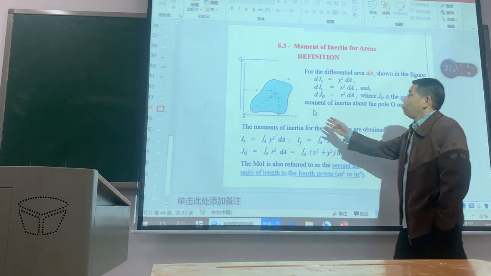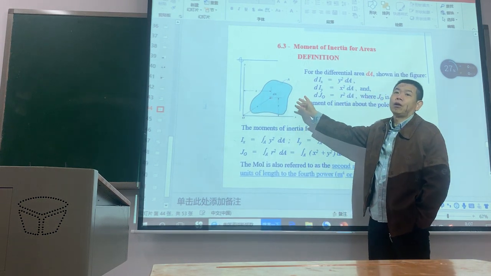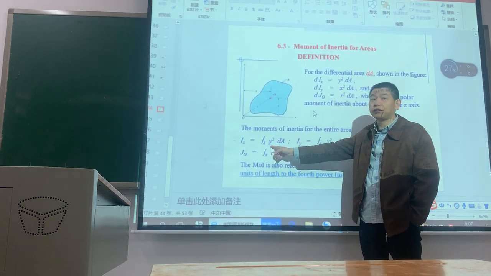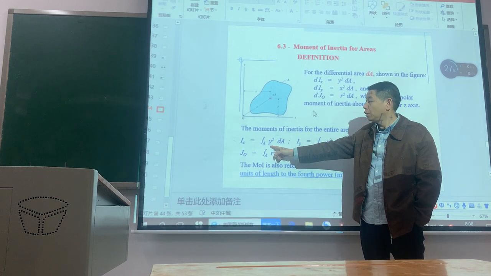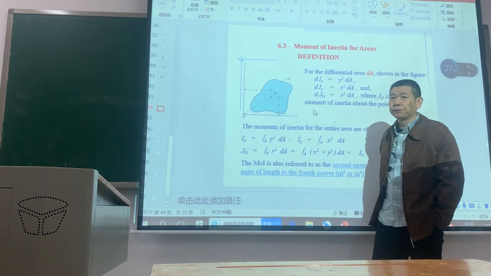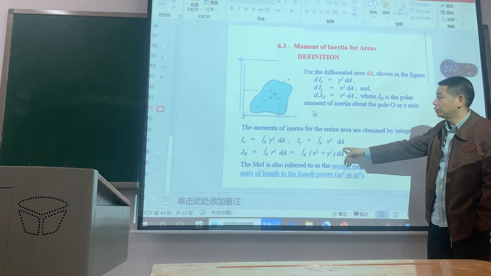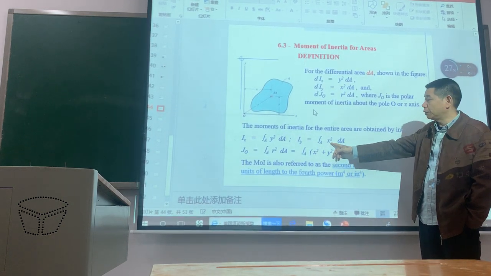So for the whole area, we get Ix is the integration of y squared dA. In the same way, Iy is the integration of x squared dA.